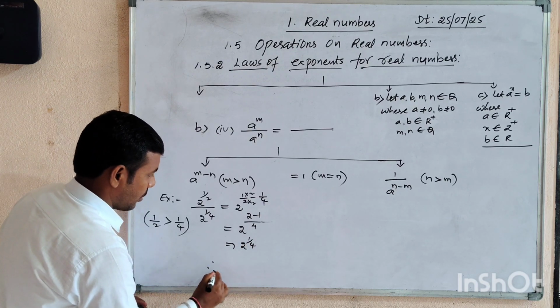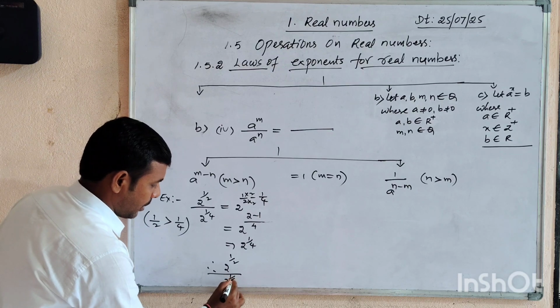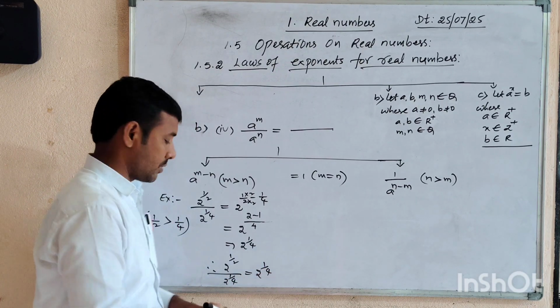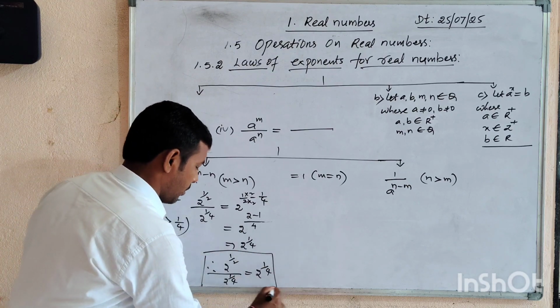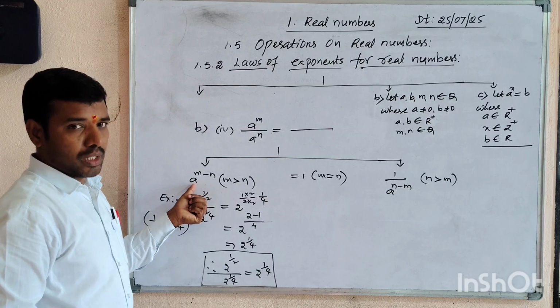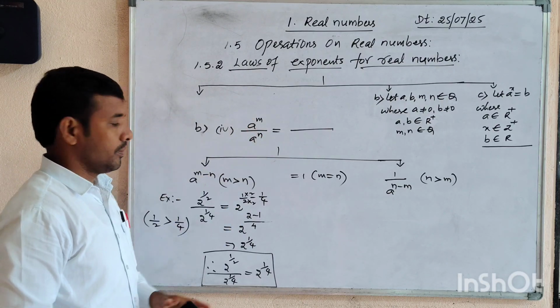This is the answer. Therefore, 2 to the power of 1 by 2 by 2 to the power of 1 by 4 equals 2 to the power of 1 by 4. You understood? This is one of the problems based on this. But in this case, m is greater than n.